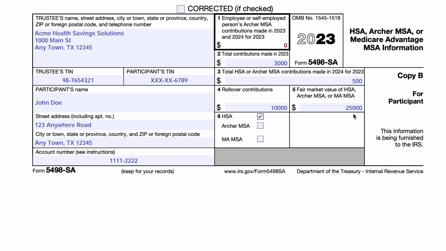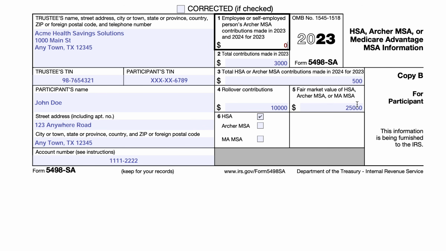So, for example, IRS publication 969 says, if you engaged in a transaction prohibited by Internal Revenue Code section 4975 with respect to your HSAs, your account stops being an HSA as of the beginning of the year, and you must include the fair market value of all assets in this account on your IRS form 8889.